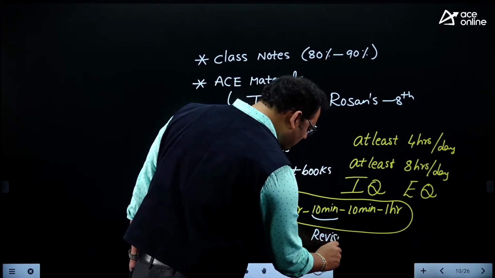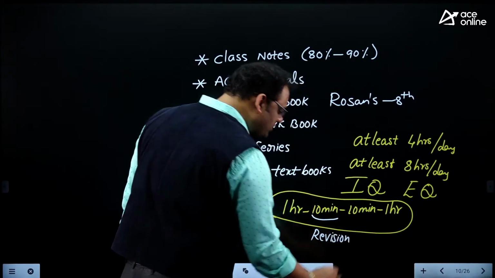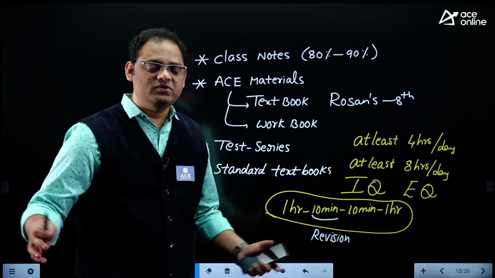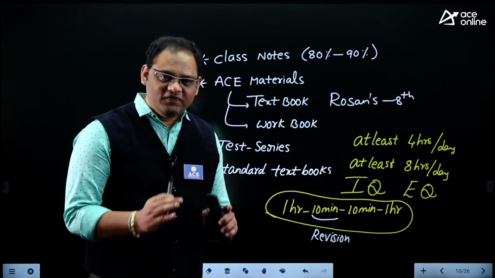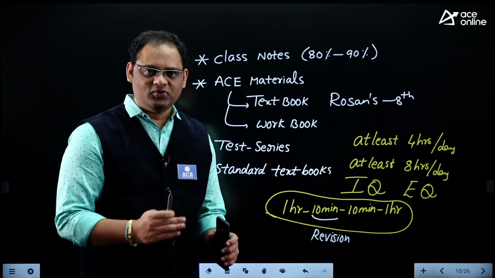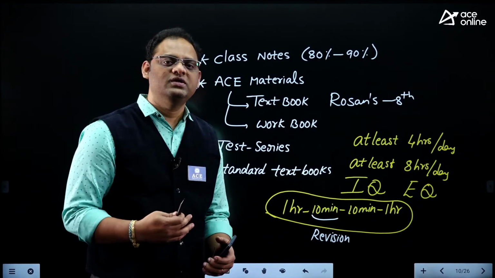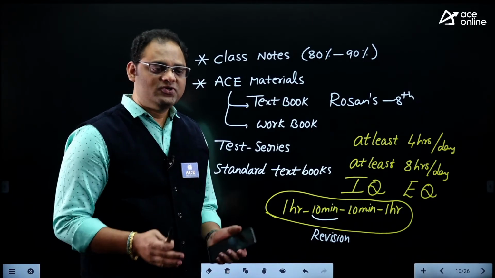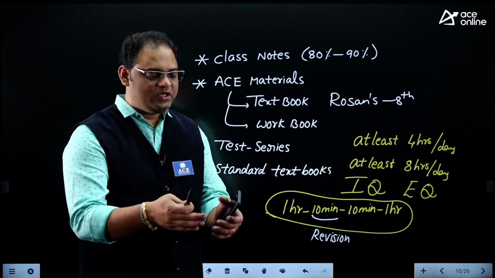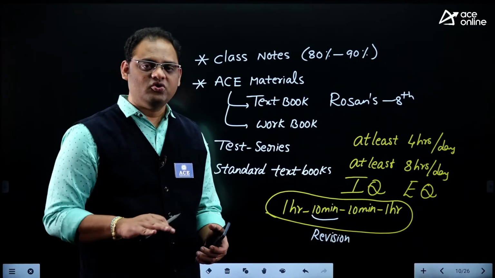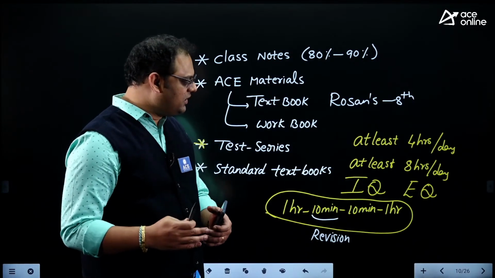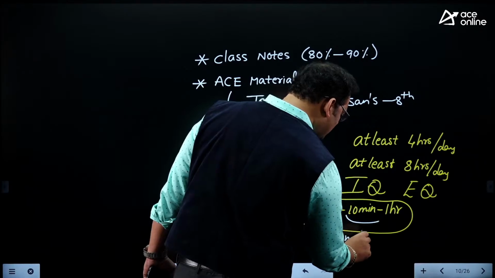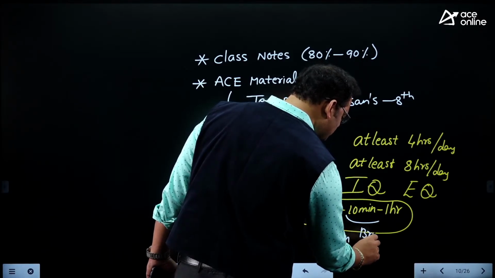Revision is very important. Many students think that revision is a waste of time and want to cover more, but it is not like that. In revision, you can prepare short notes of whatever you prepared earlier, which makes things much easier, and understand the concept in brief. After 10 minutes, take a 10 minute break and again concentrate for 1 hour to learn the concepts.